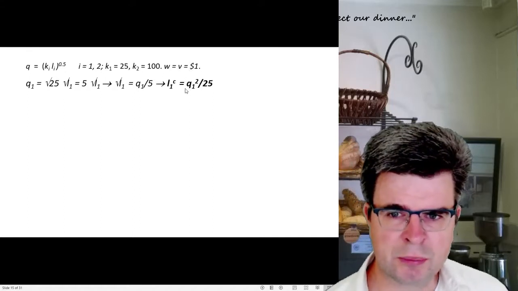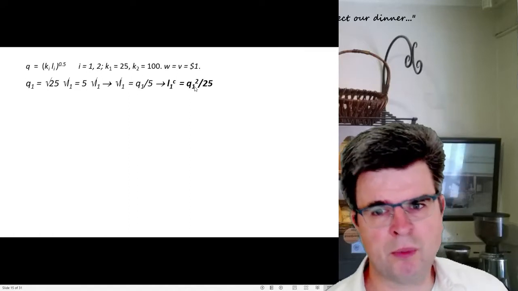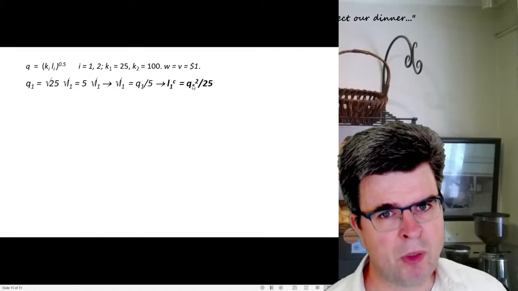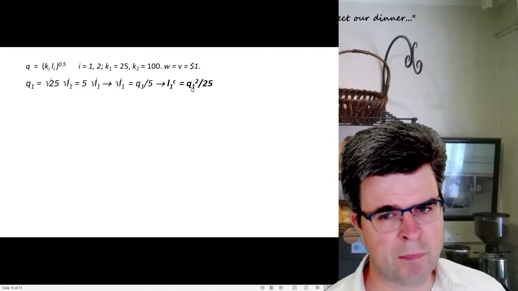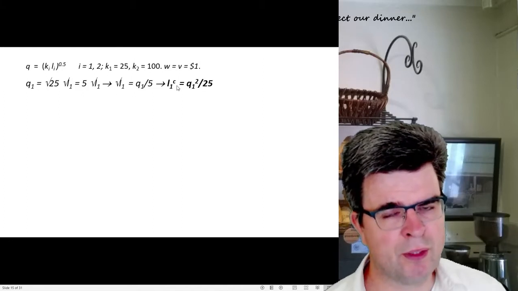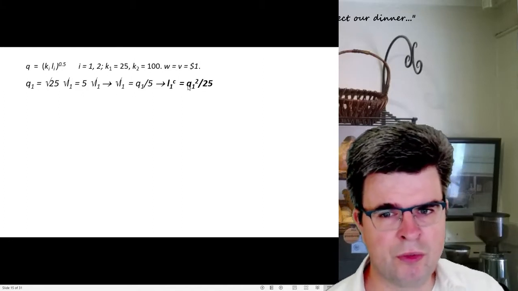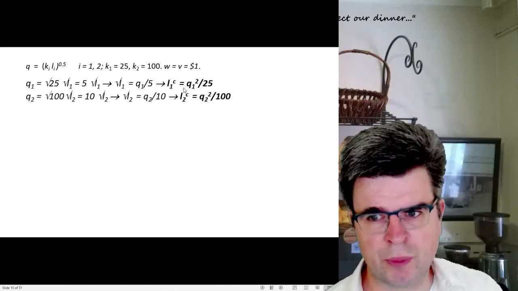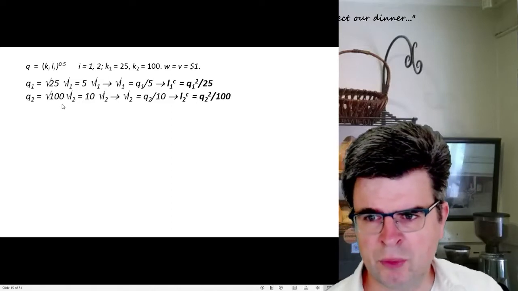So this gives us the expression Q1 squared divided by 25, meaning that if we plug in a certain output level at plant 1, then we get the number of units of labor that need to be hired in order to attain that production level. We can do the same for firm 2, or plant 2.